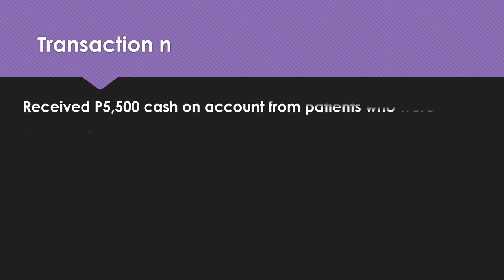Last transaction. Transaction N. You received 5,500 in cash on account from patients who were previously billed. Okay. So, naka-receive ka daw ng cash dun sa mga may utang sa'yo. Okay? So, pag may utang sa'yo, di ba, nag-i-increase ang accounts receivable. Okay?